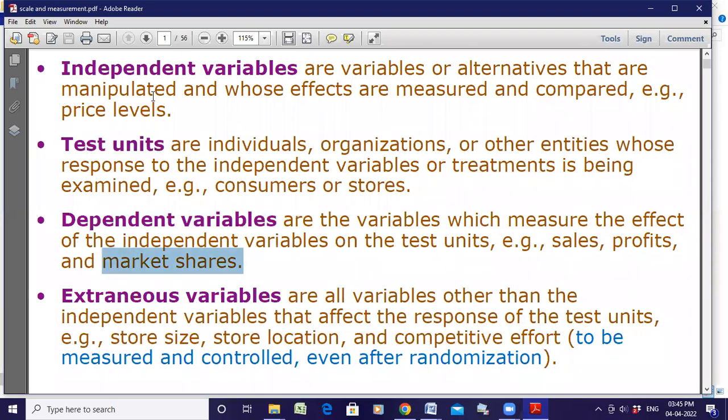So these are totally dependent on what? Price levels, and this will be measured by which? Consumers and those particular stores. So these are the relations between independent variables, test units, and dependent variables.